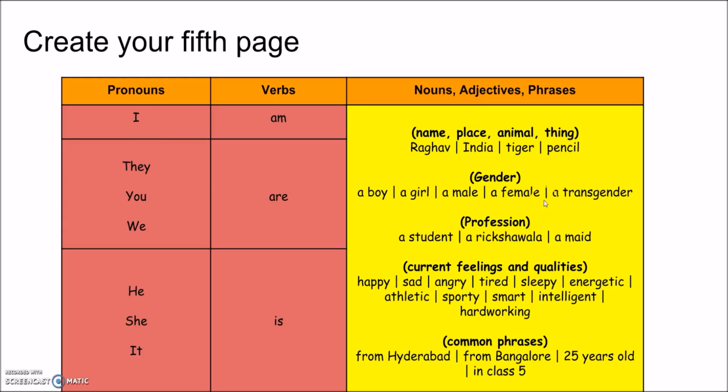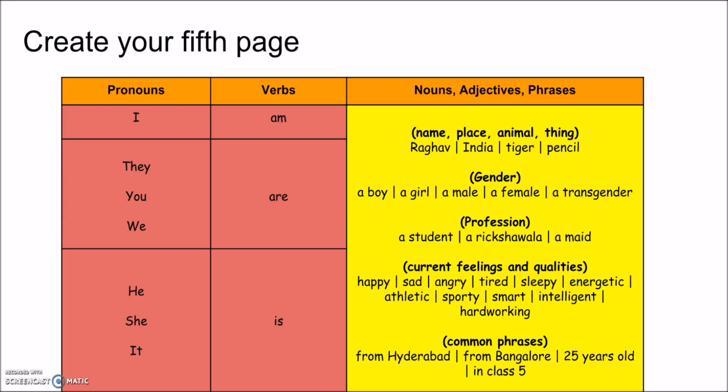So you probably would have to add a few plural subjects here as well. For example, they are boys, we are girls, we are students, they are maids, something like this. Okay, so that's why I again want to reiterate that the possibilities with this table are endless.